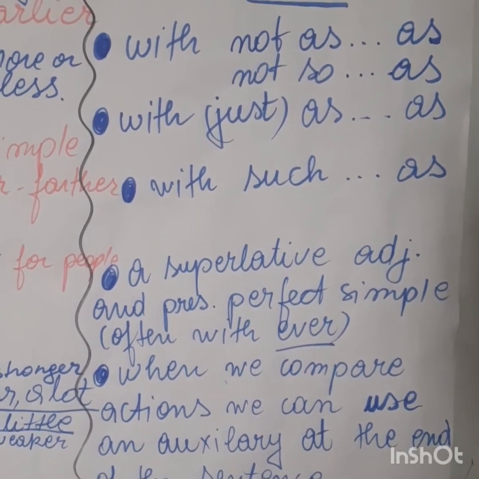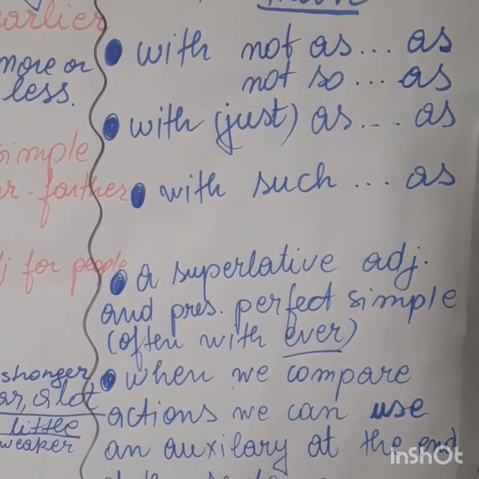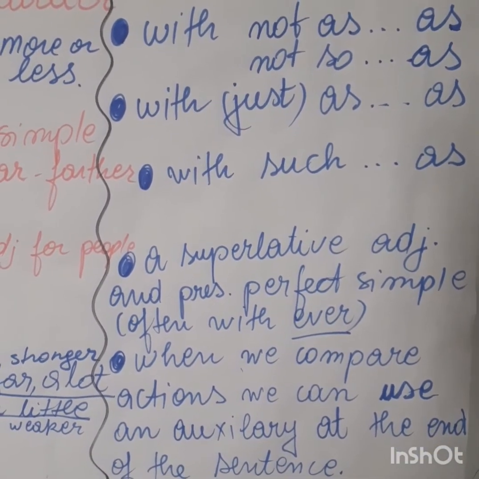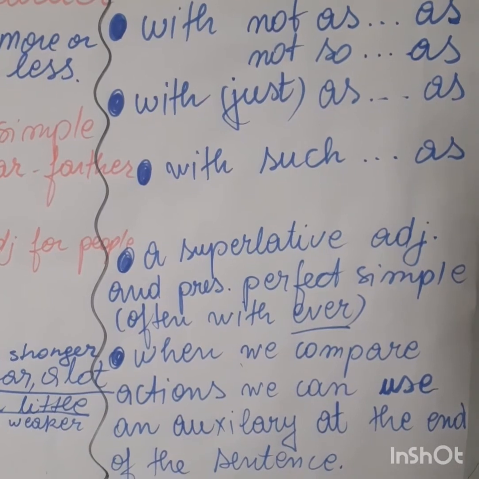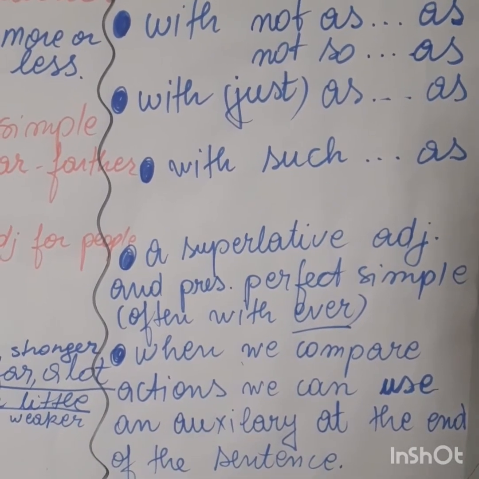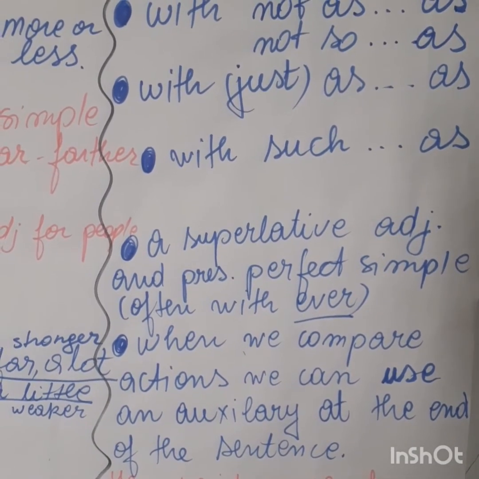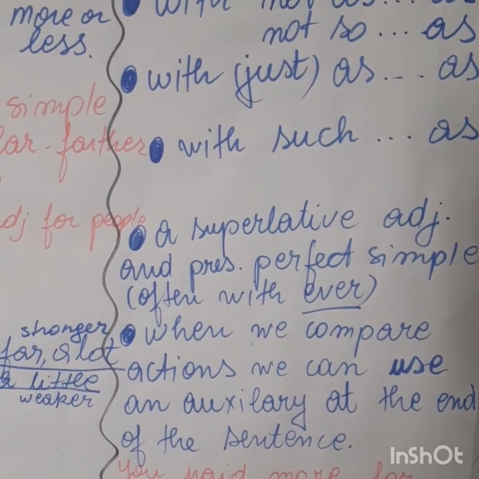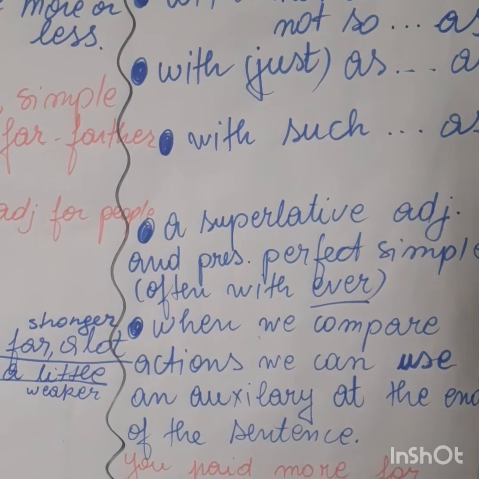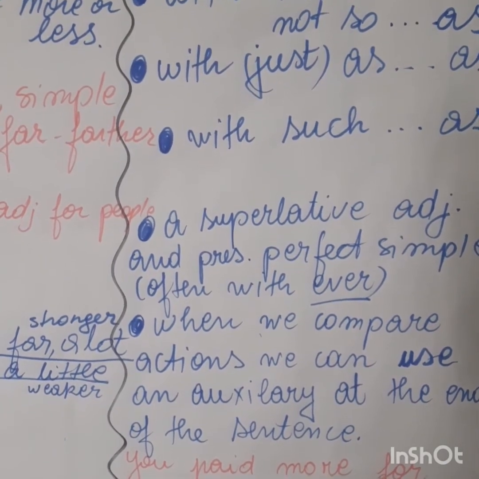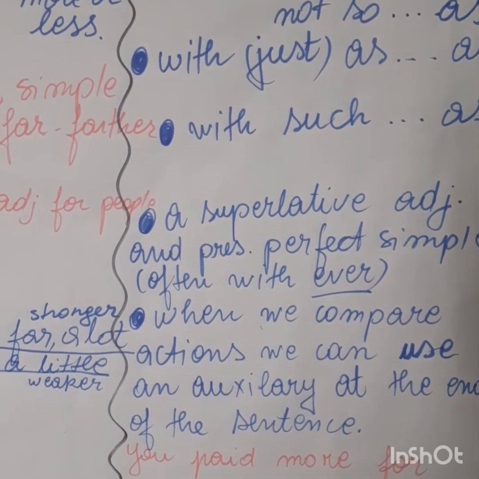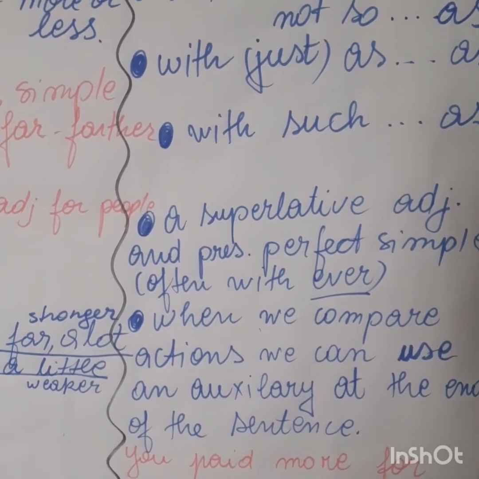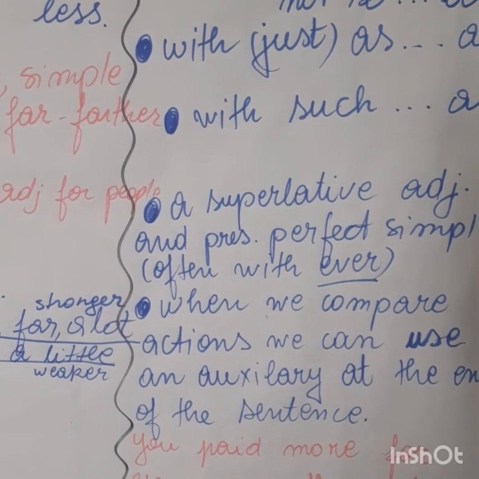Comparative clauses. Comparative clauses with than. For example, food here is more expensive than I thought. With not as, or not so, as. For example, being a nurse is not as interesting as being a doctor. Comparative clauses with just as.